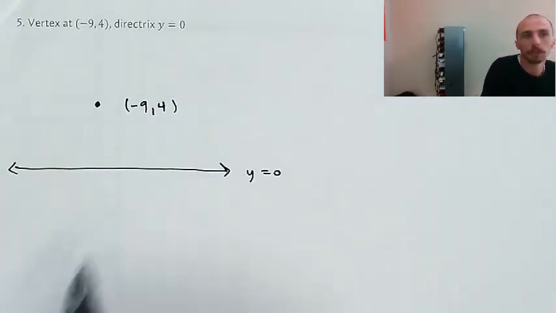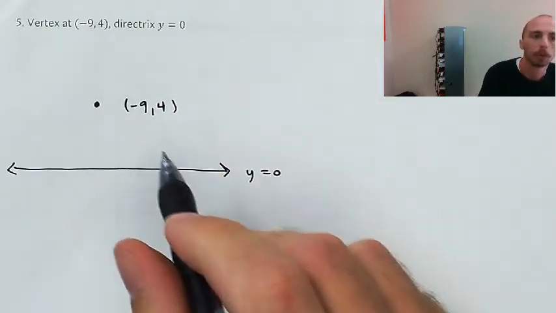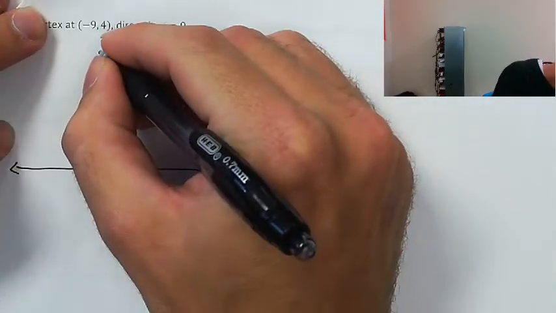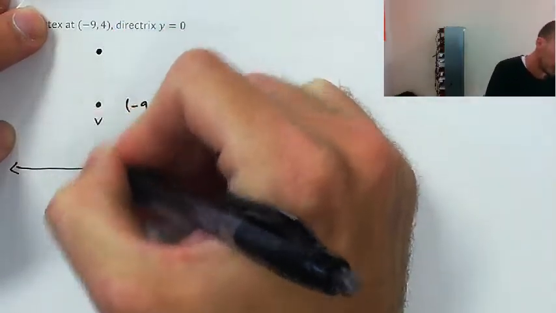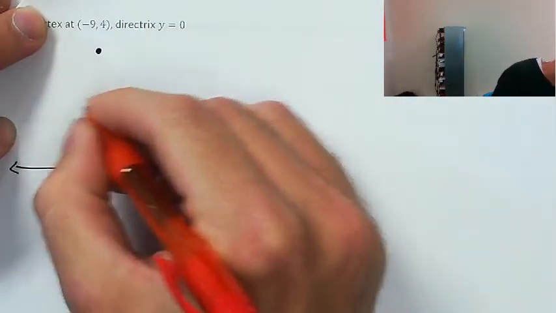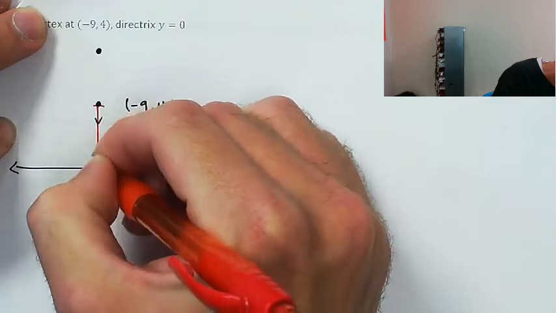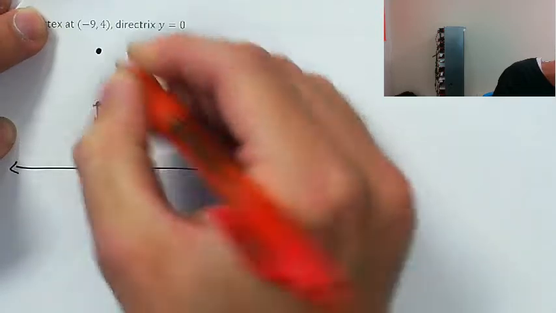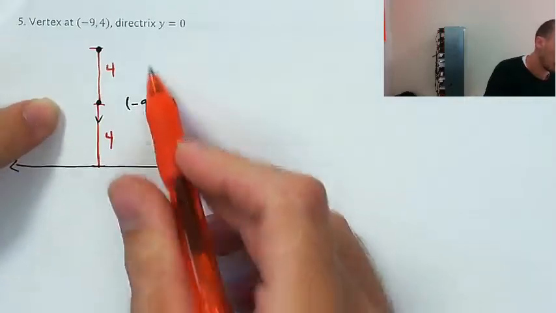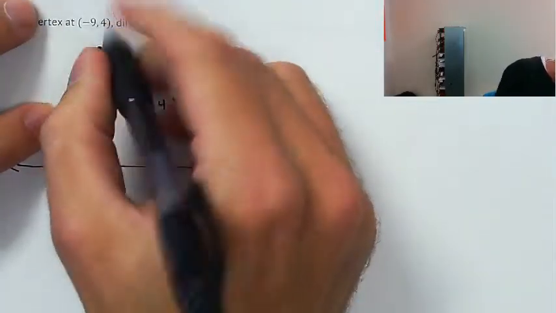That's going to be the x-axis. We know the x-axis is the set of all points where y equals 0. But if this is the vertex here, then the focus is going to be this distance above. So if I went from 0 to 4, that gives me p equals 4. That's also going to be 4. And so that would be -9 and 8 is the focus.